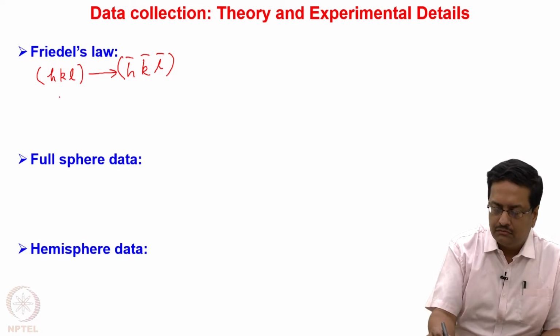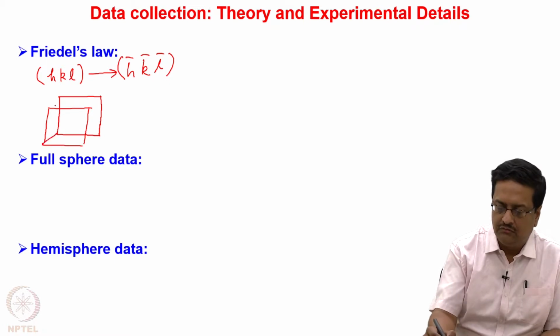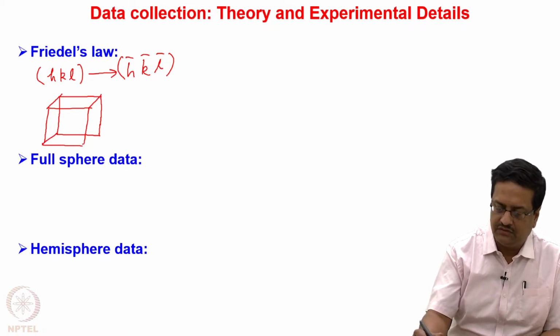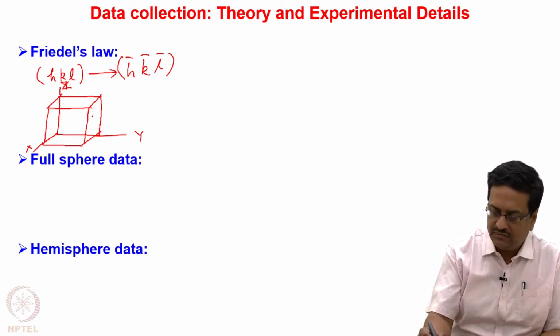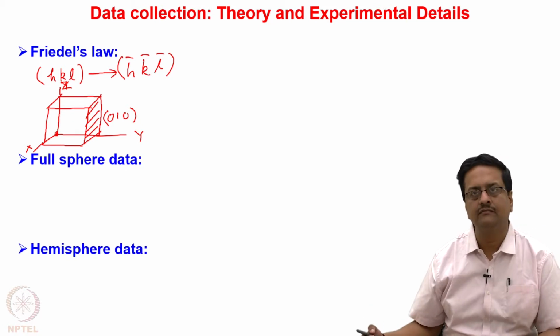Just to make you understand, suppose I am talking about the 100, or maybe we talk about, let us draw it like this, and this particular plane is 0, 1, 0 with respect to the origin here.